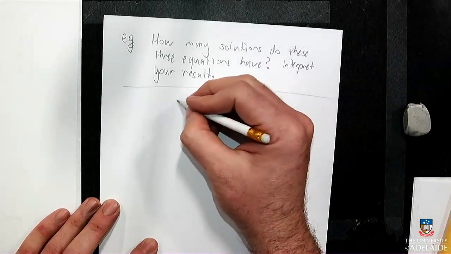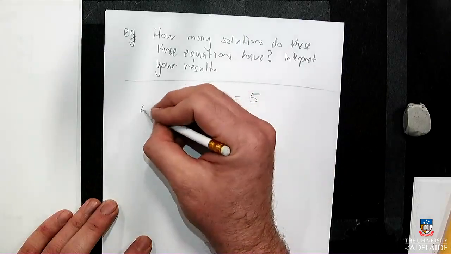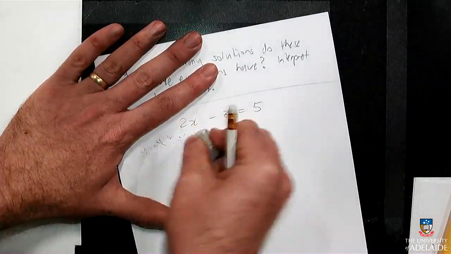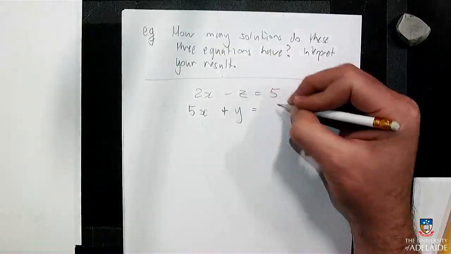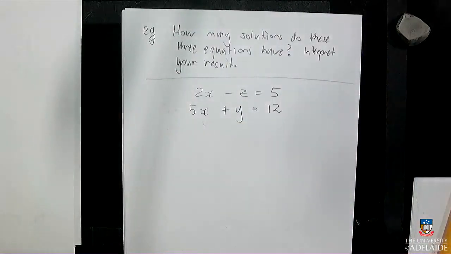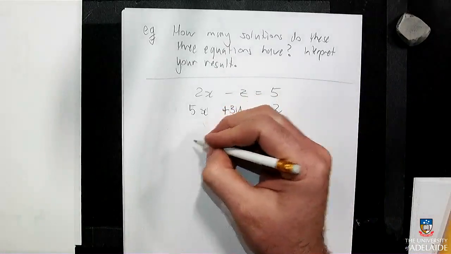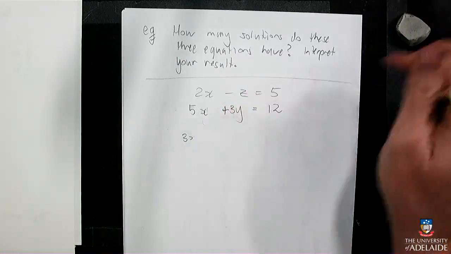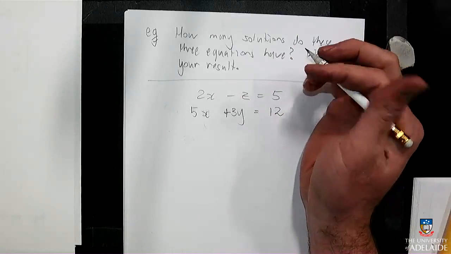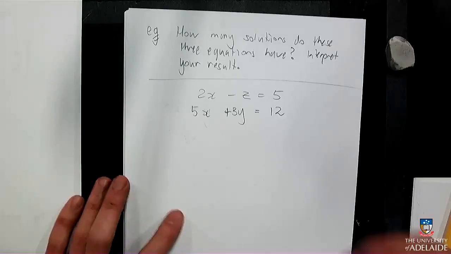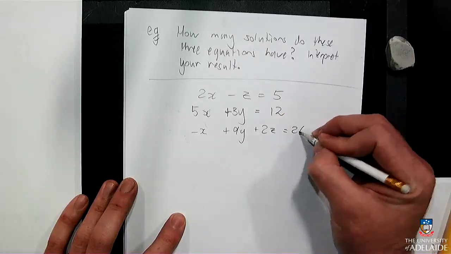So let's see. Minus x plus 9y plus 2z equals 26.